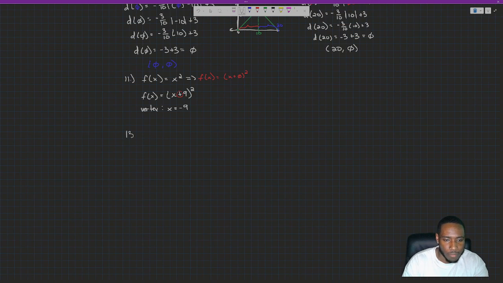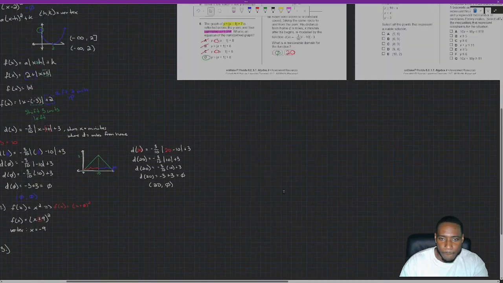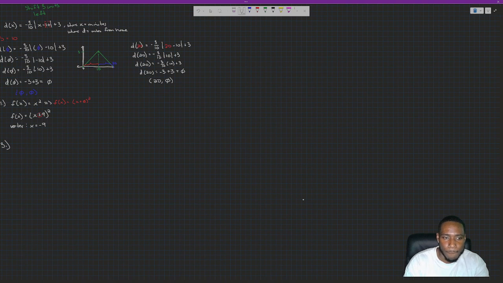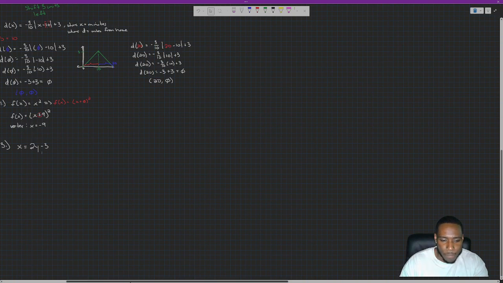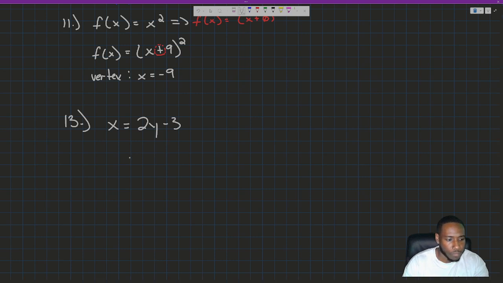It's number 13. And so that equation is x equals 2y minus 3. And the second equation is 4x minus y equals 16. All right.